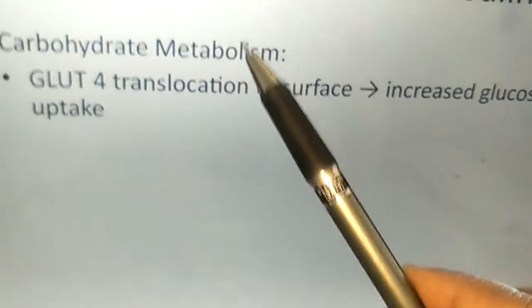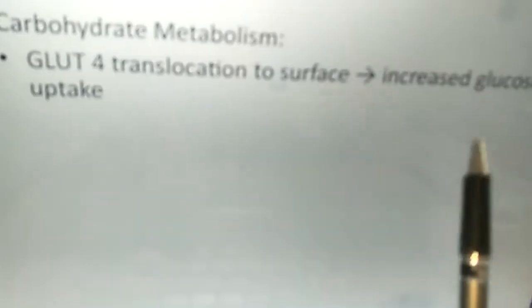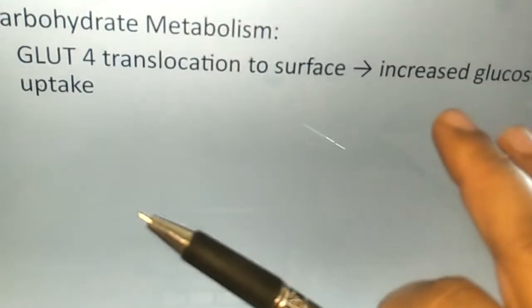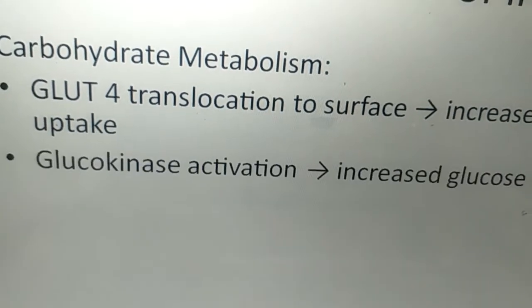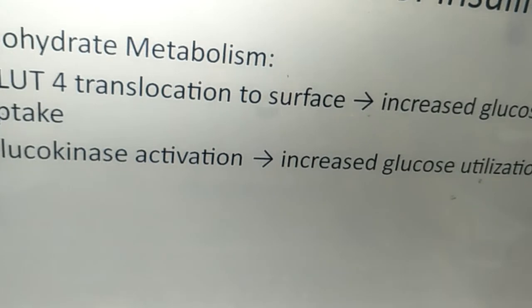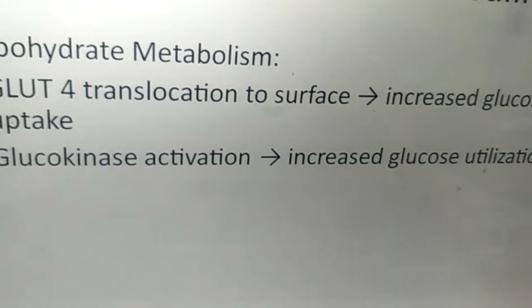So if insulin is present and is acting, then the glucose present in the blood can be easily taken up by the cells and utilized. Then glucokinase is activated and utilization of glucose is increased.